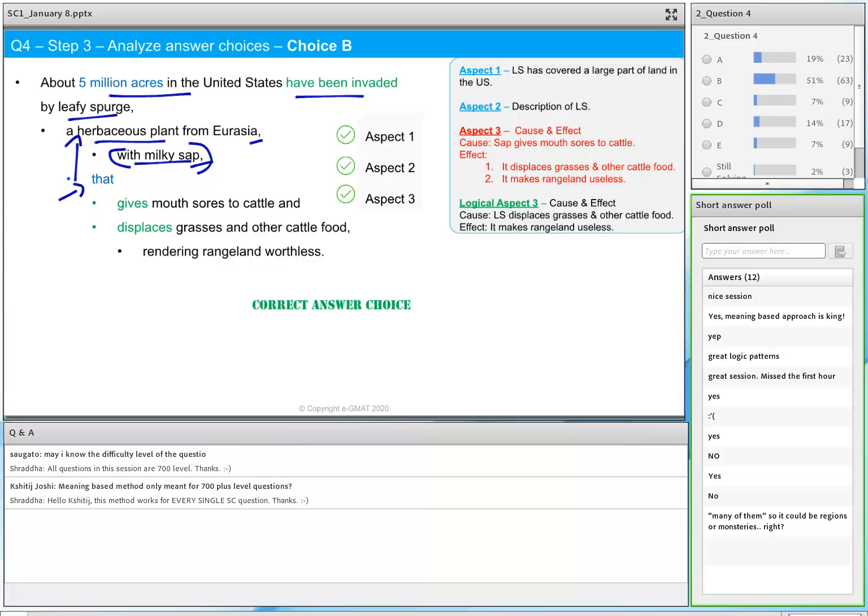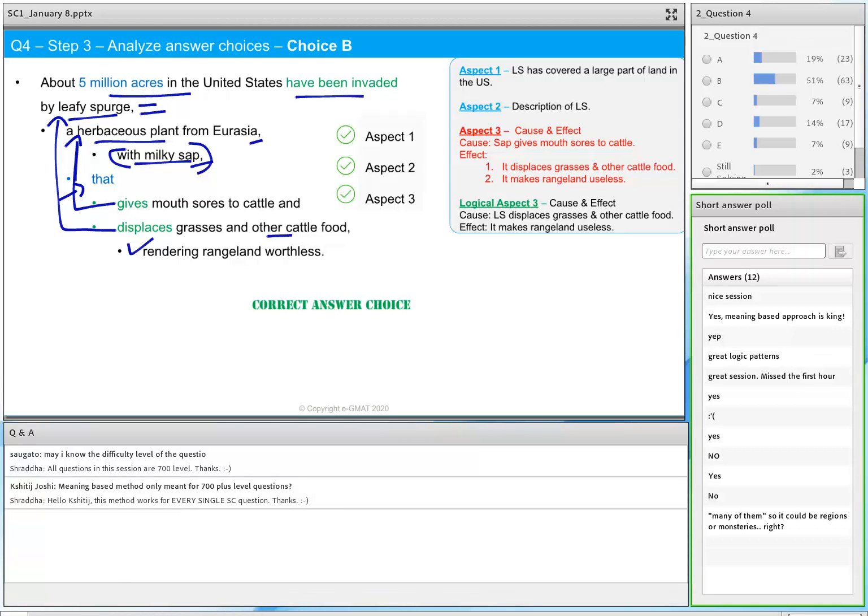Again, a little bit of structural nuance here, because with milky sap is between 2 commas, my that can jump over milky sap and can talk about a herbaceous plant, which is nothing else but the leafy spurge according to my sentence. Right? And so both these actions, gives mouth sores to cattle, is connecting with leafy spurge, and displaces grass also connects with leafy spurge. And because leafy spurge displaces grasses and other cattle food, the effect of that action is that the grazing grounds become worthless. Okay?